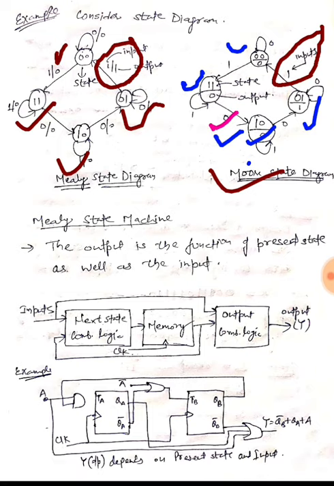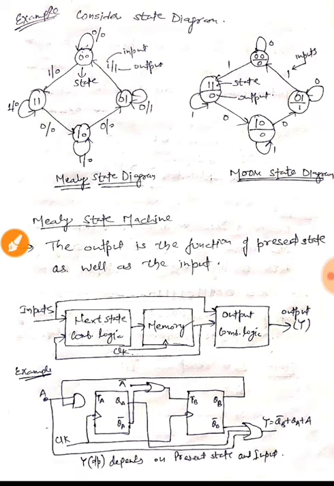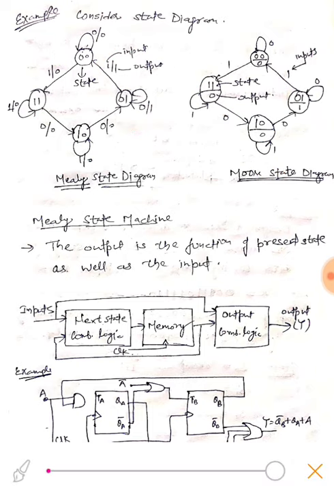As we can see in this example, the circuit would remain in state 1 if the input is 0. It moves to state 3 if input is 1. Then if it is in state 3, it remains in 3 if input is 1 and moves to state 2 if input is 0.